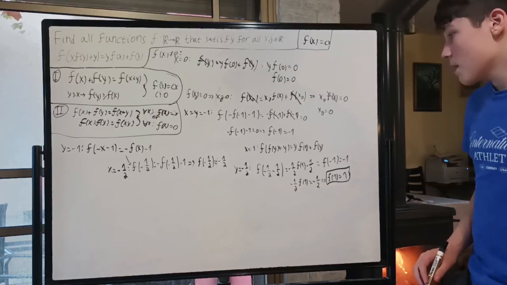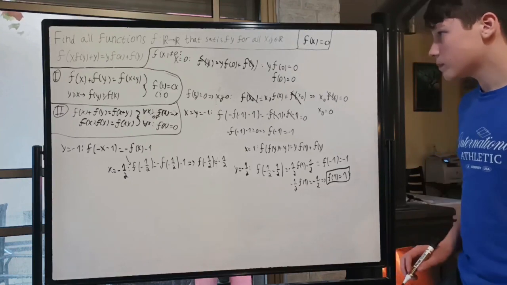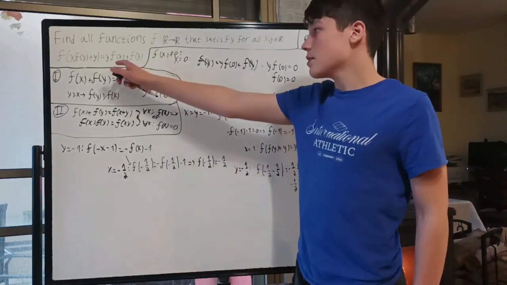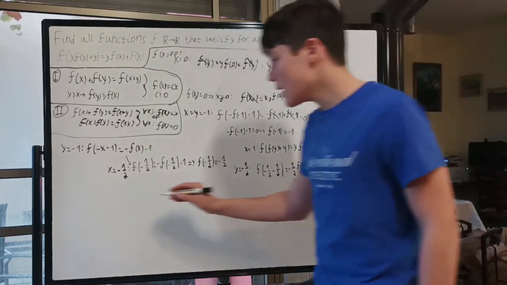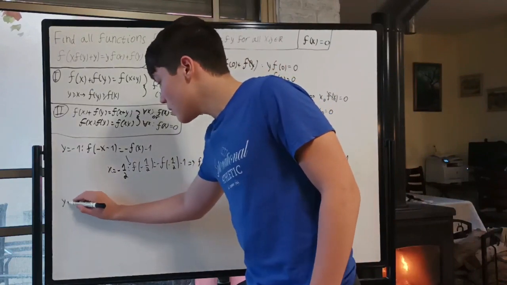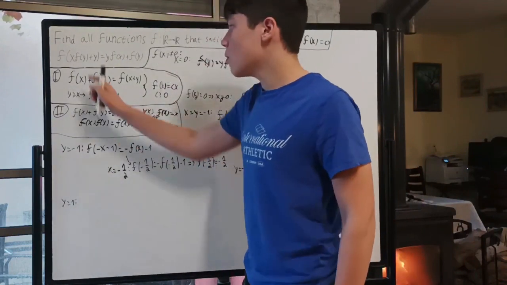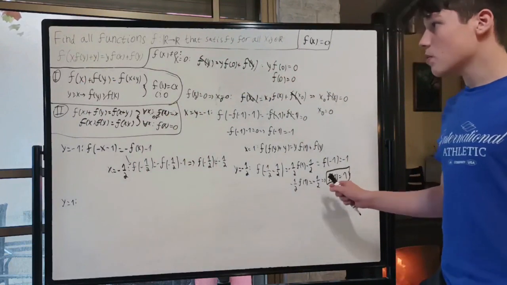Because now, let's see. Now if I plug into here y is equal to 1, I get that I know what f of 1 is. f of 1 is 1.